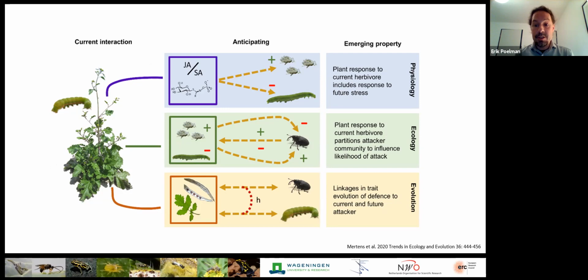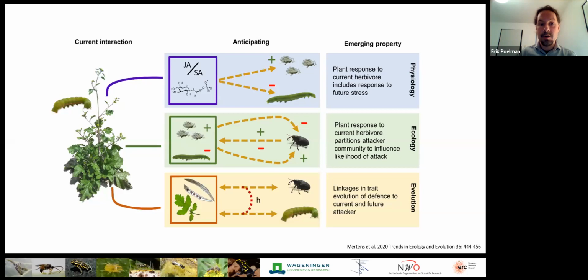And then eventually, on an evolutionary level, it might mean that plants have interactions that they take along in evolution. So if a leaf-feeding herbivore always predicts how frequently you are going to interact with a seed-feeding herbivore, we might get linkage between leaf traits and seed traits or flower traits in terms of evolution.